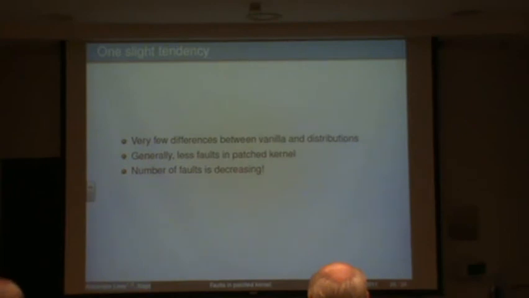Another interesting thing is that we can show the number of faults is decreasing, either when measuring with one tool, Coccinelle, or when using another tool, which is Undertaker. So it means that the kernel code quality is improving over time, whatever the point of view of analysis we have, since Coccinelle and Undertaker don't share the same point of view.